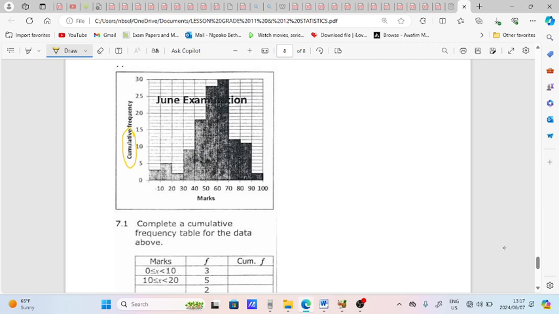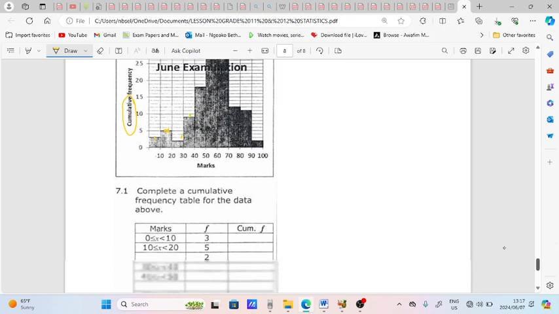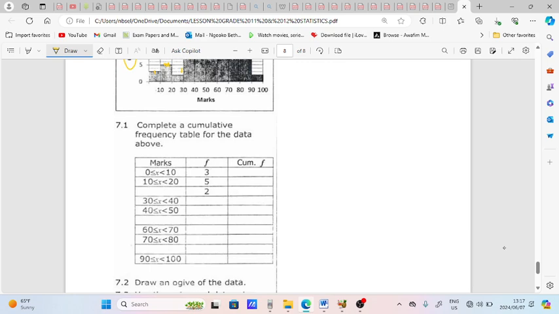But since they are saying these are the cumulative frequency, what are you going to fill the information on? This one, this one, this one, this one on the cumulative frequency. And from there, you can fill in the intervals, you can fill in the frequencies.